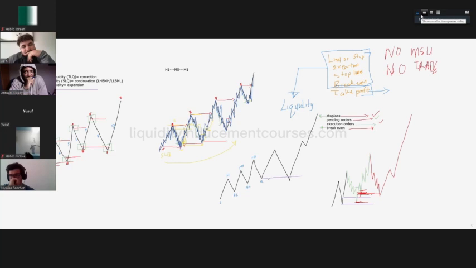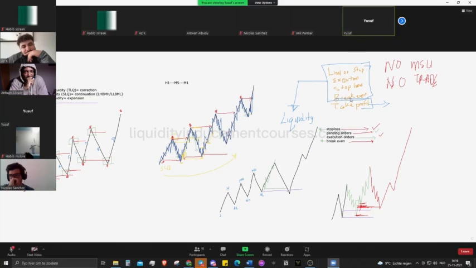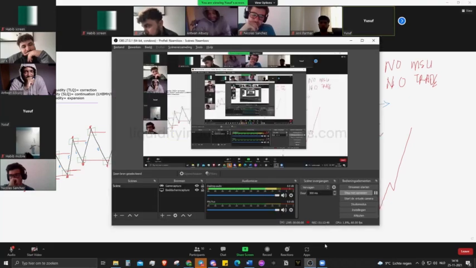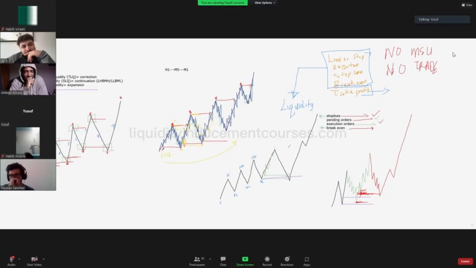So if you have this level, you have structural liquidity here, which is sitting right here. You have inducement liquidity here. Can you see why this would more than likely give you more pushes? Because you have £100, you have £200, compared to you just having £100 to give this push.